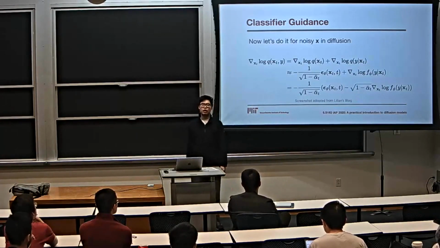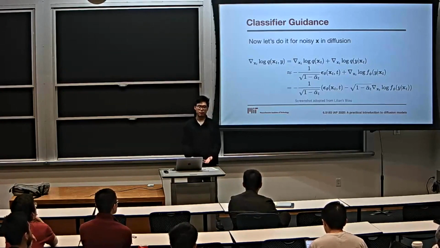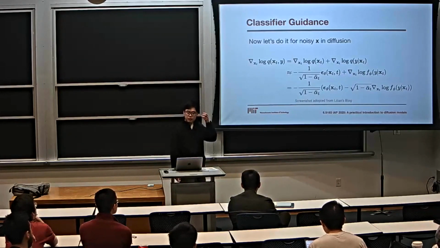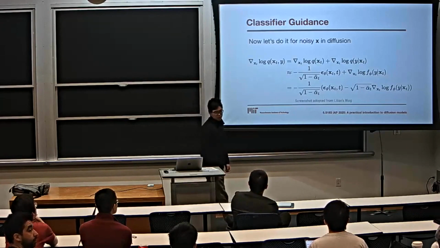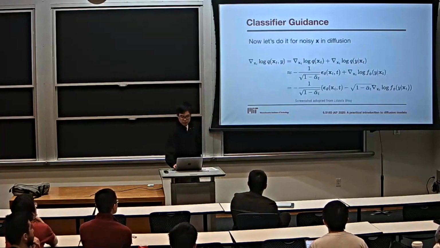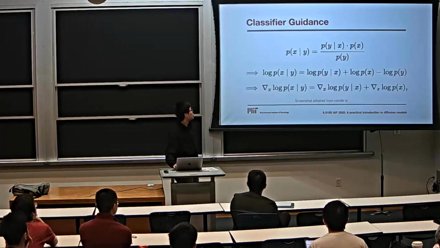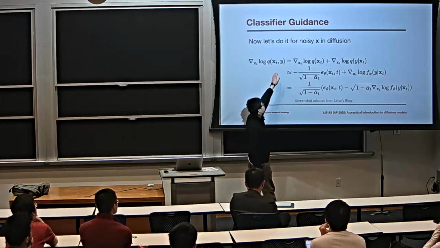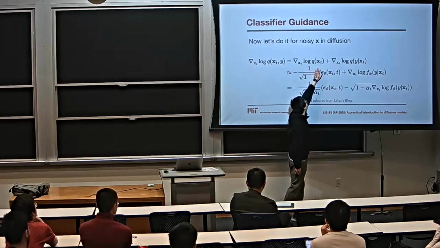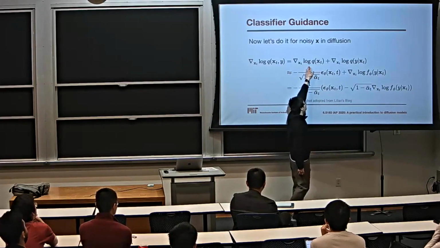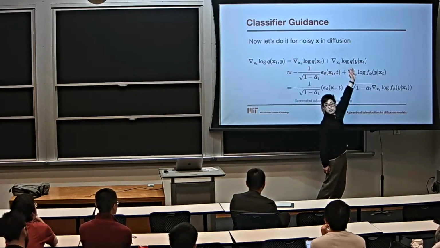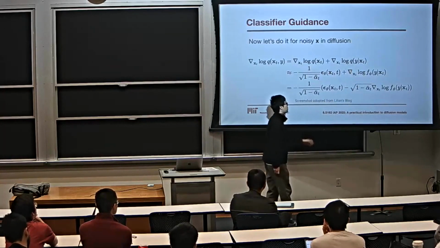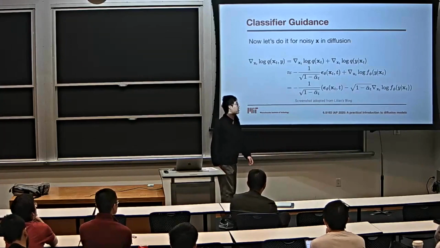So you are trying to sample from the joint distribution of x_t and y. And previously, we talked about how we can do this decomposition, right? Here, you can rewrite the joint distribution into the unconditional diffusion score plus your guidance score. Sorry, your classifier score, the noisy classifier score.